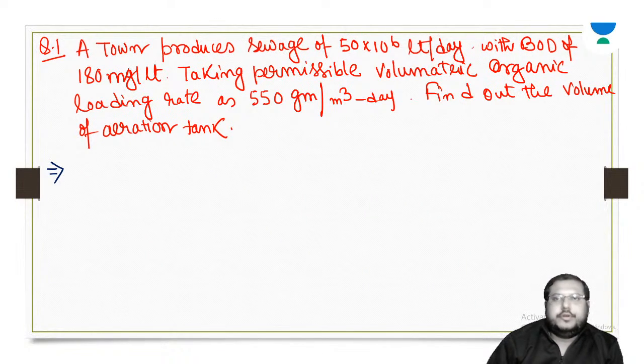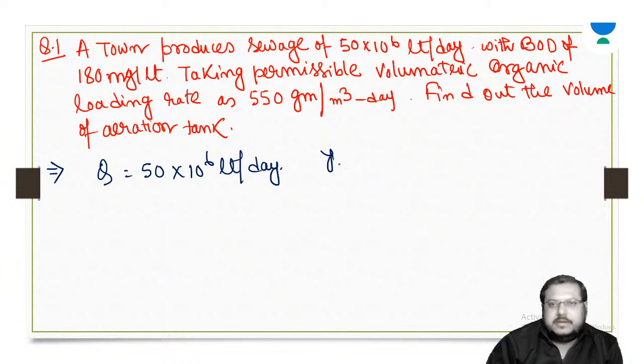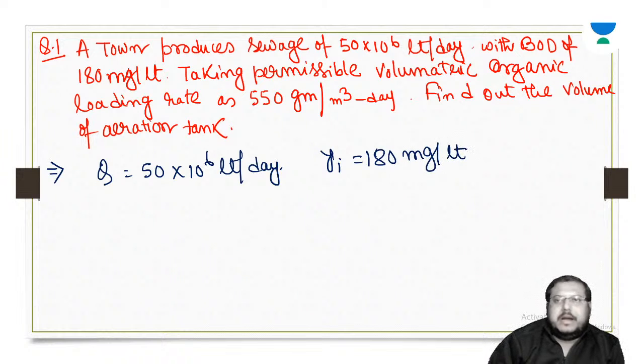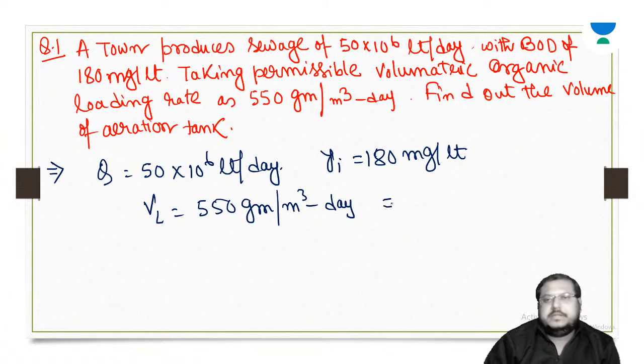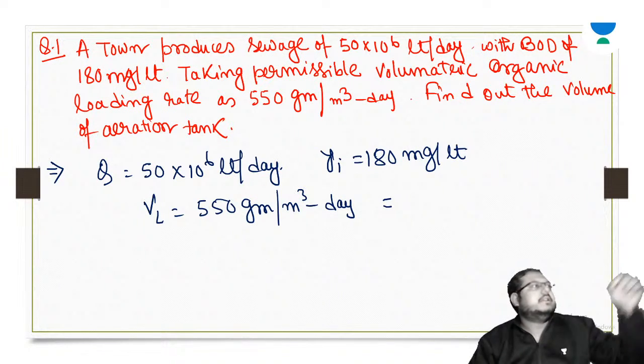So the town produces Q, given as 50 into 10 to the power 6 liters per day. We need to find the volume. What is given: YI, the BOD, is 180 milligram per liter. The permissible volumetric loading rate, VL, is 550 gram per meter cube day. We have to always follow the ideal unit path.